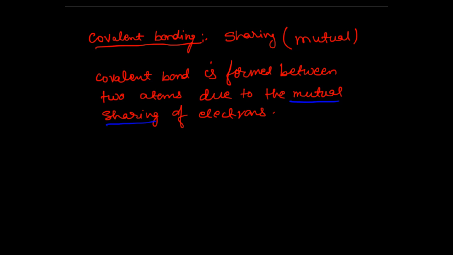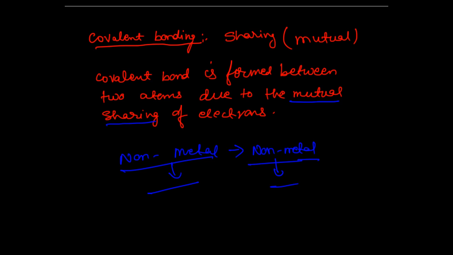Now, let's not waste our time and directly jump into the dot and cross diagram and examples of covalent bonding. Before that, we need to know that for a covalent bond to occur, we need to have at least one non-metal atom.